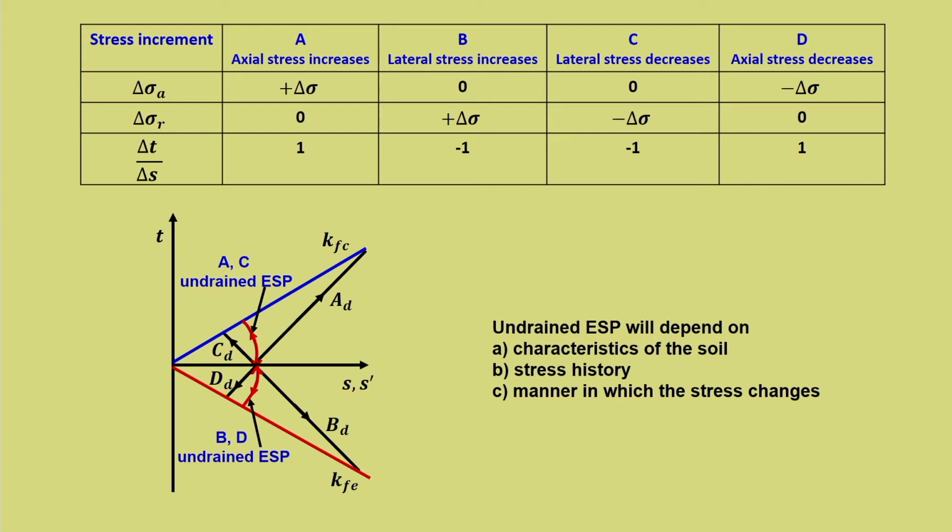So, we need to understand that it depends upon the soil behavior, it is very much dependent on the stress history, and it also depends on the sequence and the manner in which the loading is happening. So, that is all about a brief introduction on how the effective stress path and the total stress path are dependent on the various field situations.